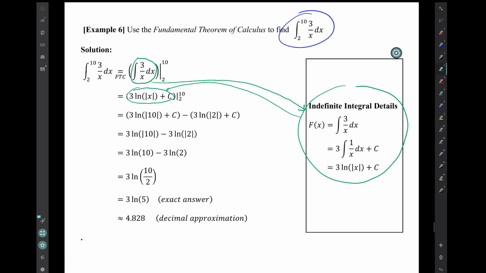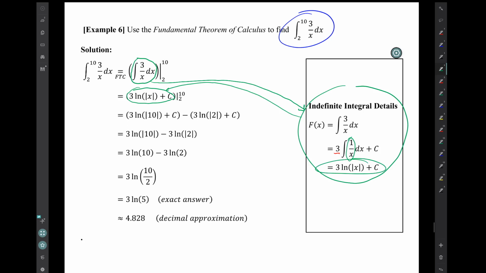Notice that the indefinite integral is a 1 over x type integral. So I pull out the constant multiple of 3, but I do not write the integrand as a power function. I leave the integrand as 1 over x, and then I use the indefinite integral rule for 1 over x and I end up with this expression, 3 ln of absolute value of x plus c.